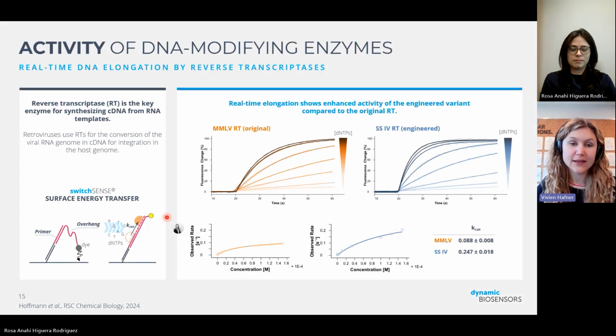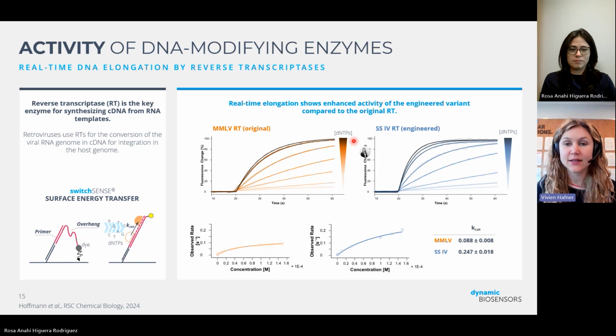So at first, the setup of the assay was mostly like I just described to you. And you can see here the fluorescence traces for the activity of two different reverse transcriptases that were investigated. We have the MMLV reverse transcriptase, and then we have an engineered version of the MMLV that is called SuperScript 4.